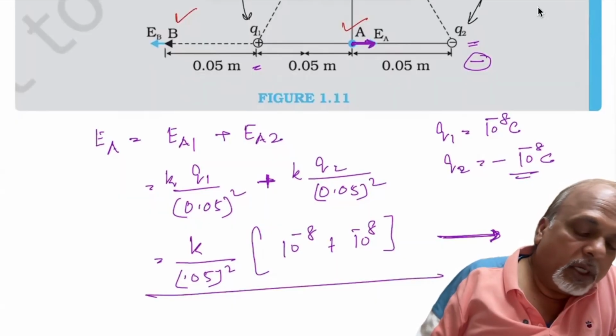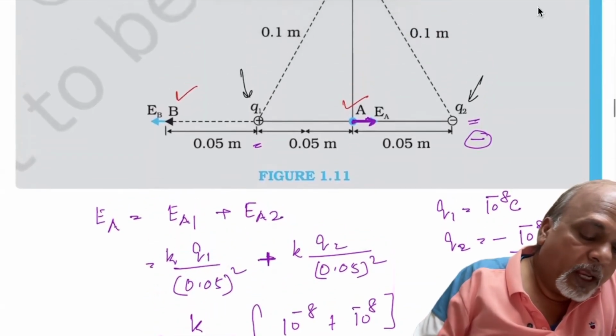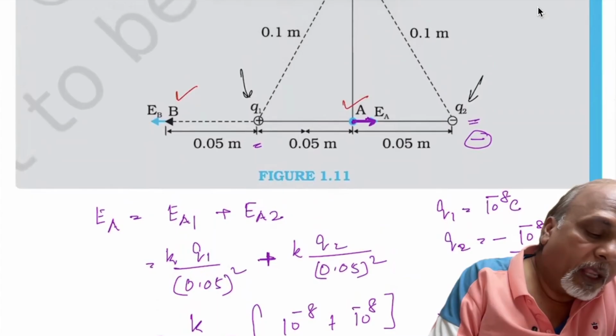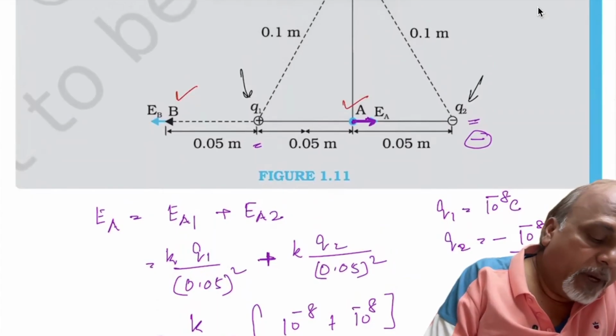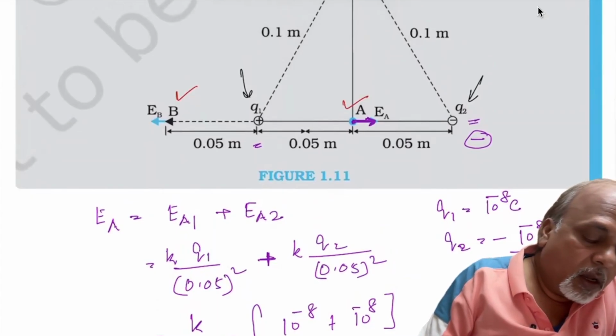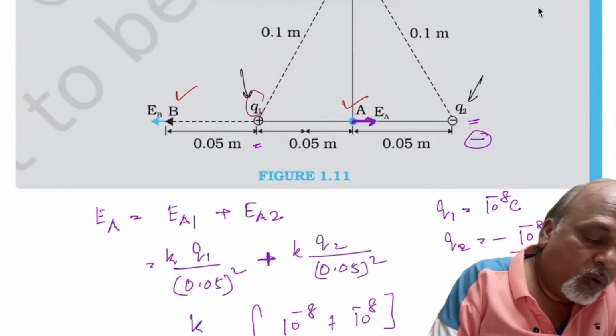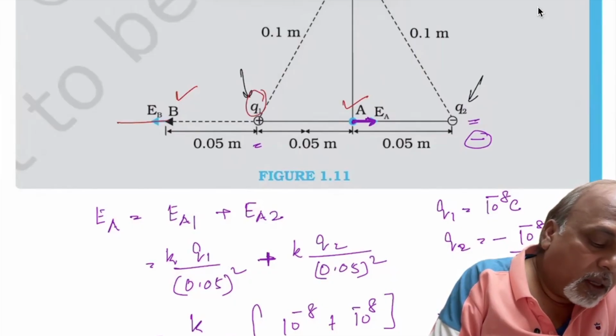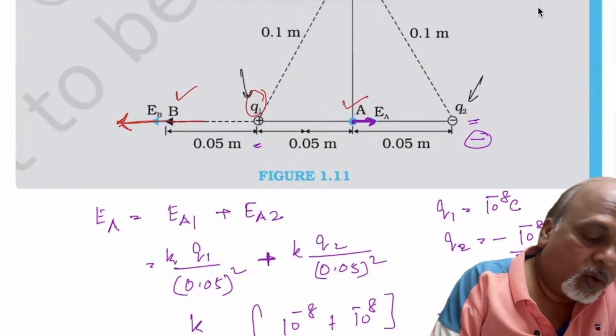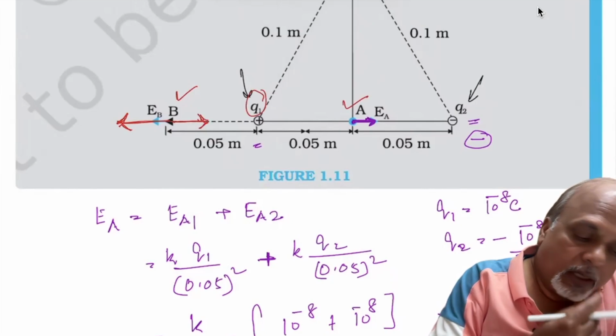You can calculate this thing. Then let us see what about B. At B, you see, there will be one due to Q1, repulsive, this thing will be there. And naturally due to Q2, it will be like this.